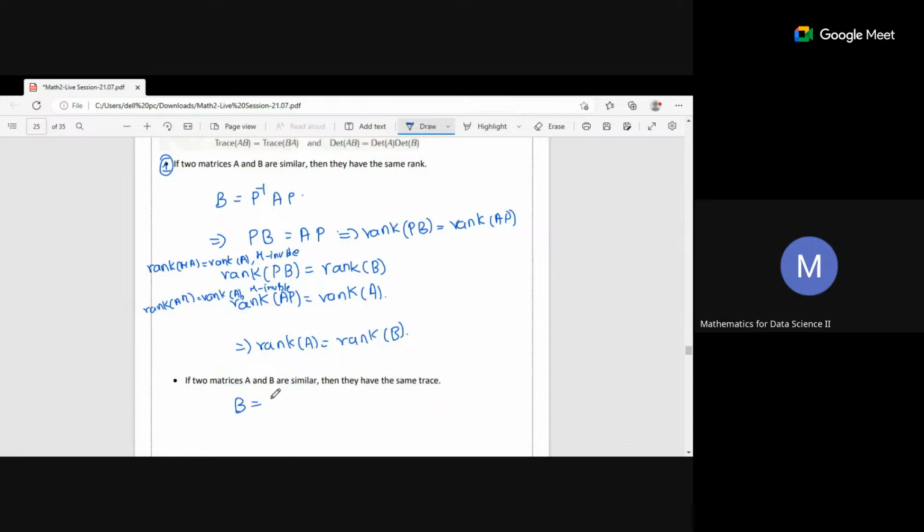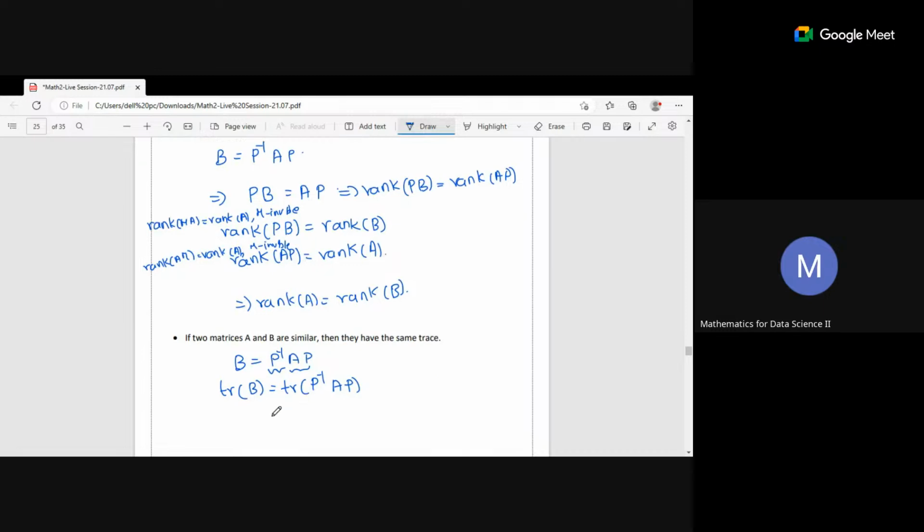You have B is equal to P inverse AP. So now trace of B is equal to... I consider P inverse as one matrix and AP as another matrix. So trace of P inverse AP.